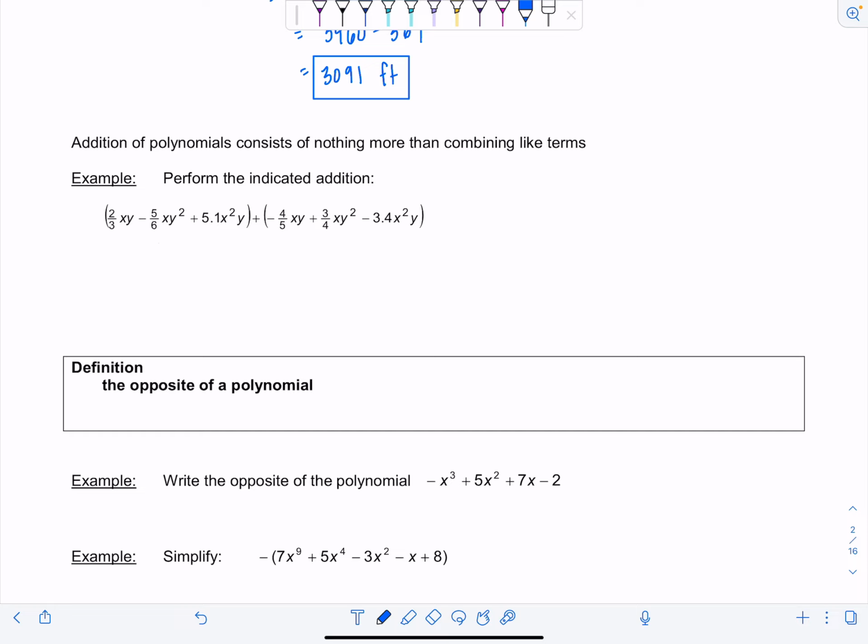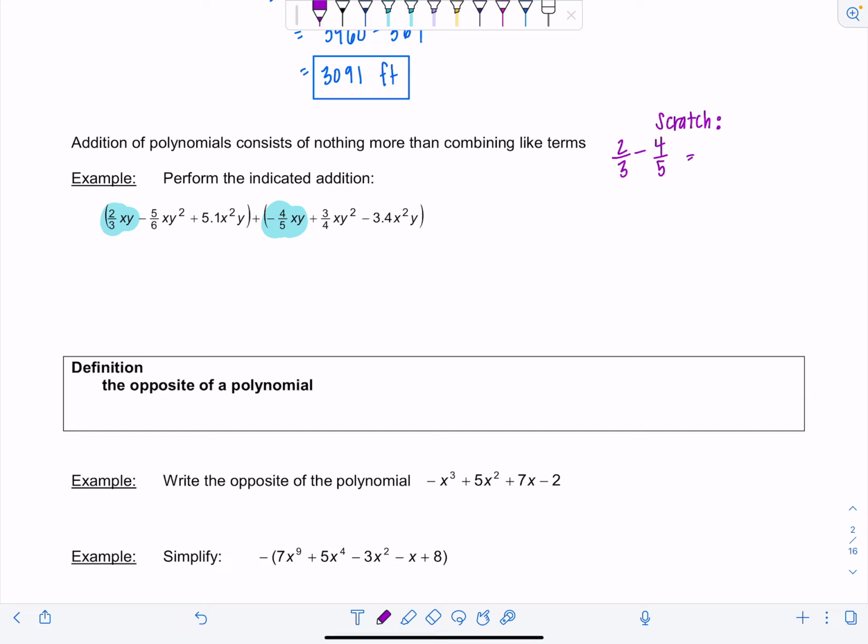All right. So let's see here. I've got 2/3 xy. Do we have any other xy's? Why, yes, we have a negative 4/5 xy. So to combine those like terms, remember we have to add their coefficients. Let's do some scratch work off to the side. We've got 2/3 plus a negative 4/5, so that's minus 4/5.